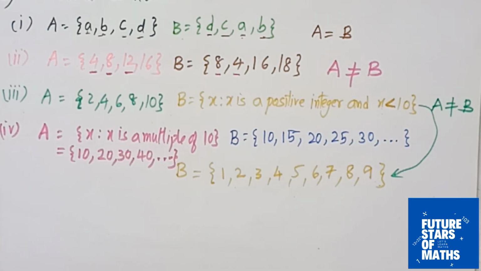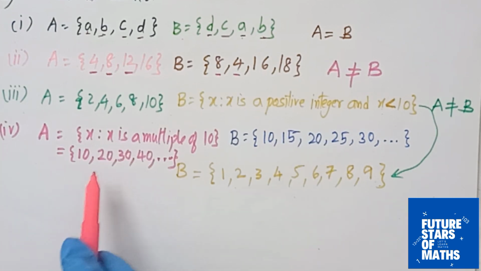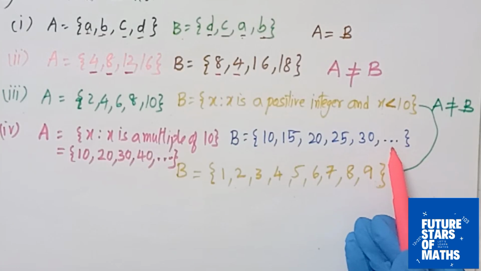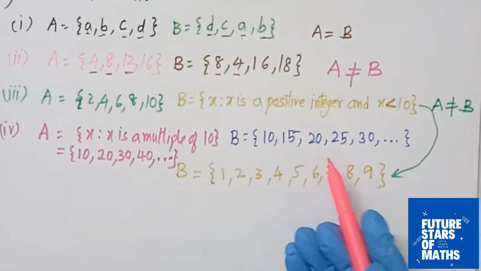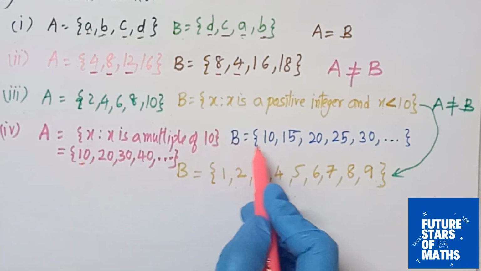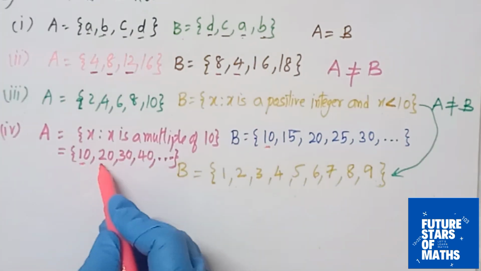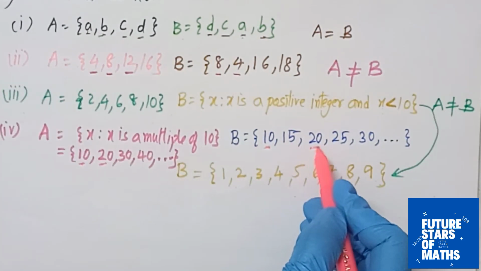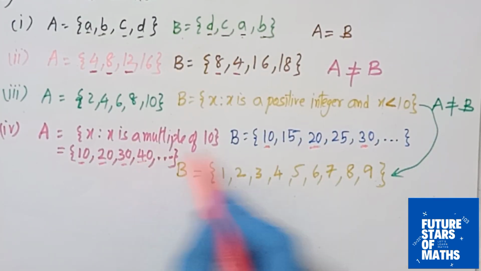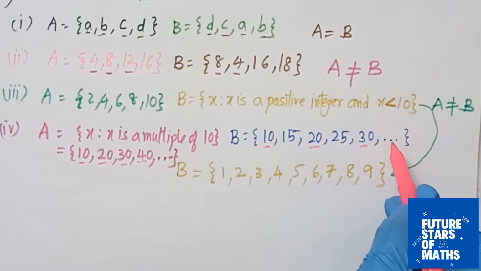Now the next one, the last one is A equal to, what is the set here? Infinite set. And B also infinite. So now we will check the elements whether they are same or not. Here we have 10. Here also we have 10. Next 20. We have 20 here. 30. We have 30 here. 40. We will have 40 here also.